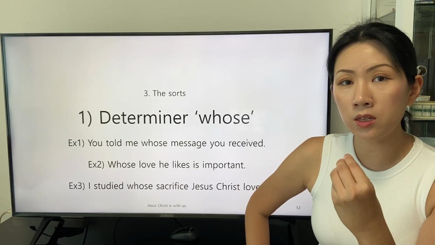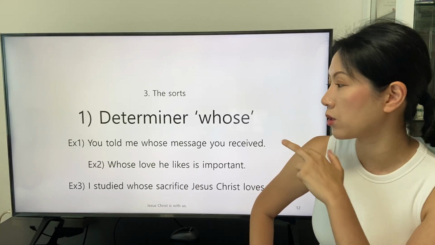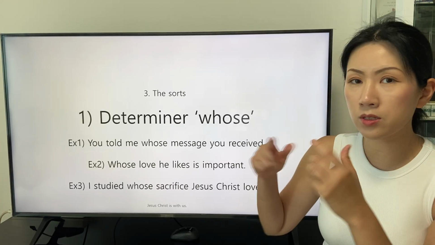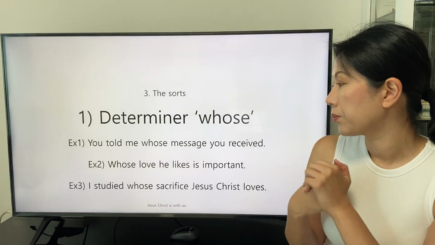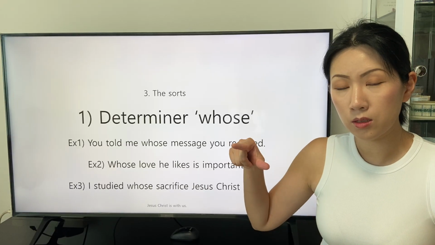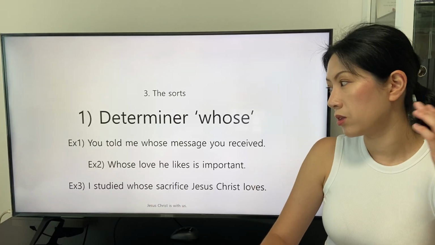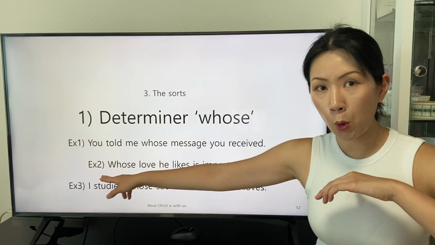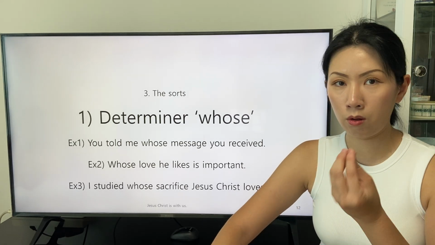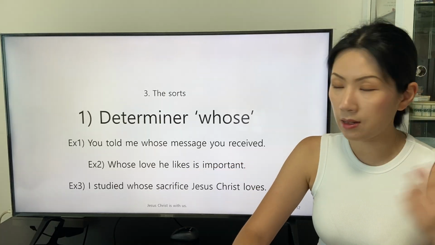And as we've studied about the interrogative determiner whose, we can analyze the whole sentence into two clauses. The first sentence could be this: it is important. And this first clause might become the main clause. And the subordinate clause could be an interrogative clause with the interrogative determiner whose: whose love does he like?